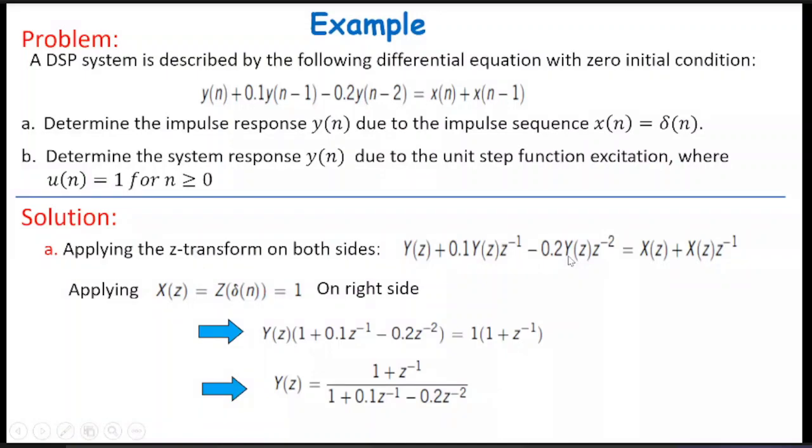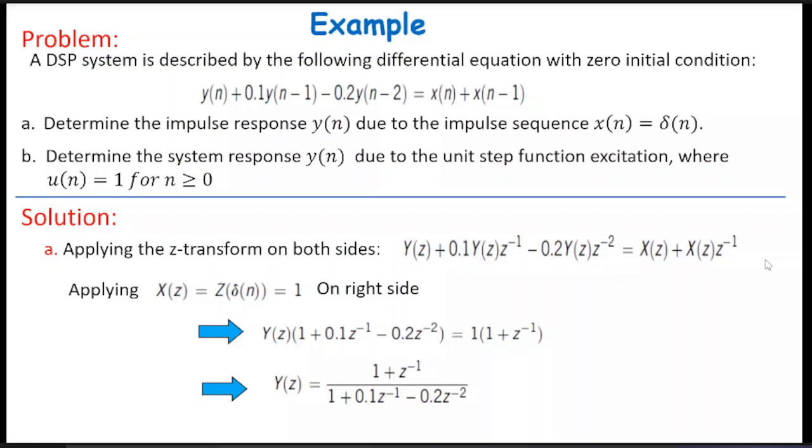Similarly, the Z transform of xn is X(z), and for x n minus 1 the Z transform is X(z), but since a delay of 1 unit is there, we have to apply z inverse. According to the property of Z transform, we have to use this.